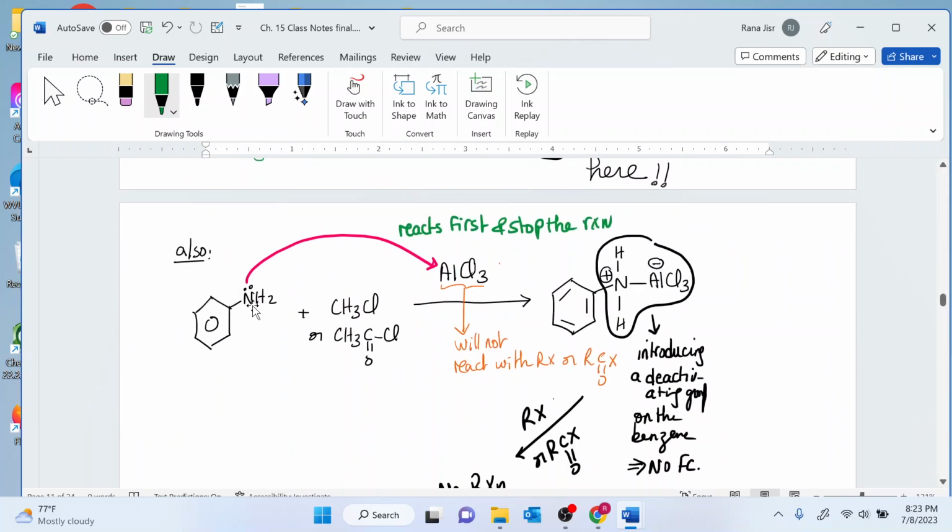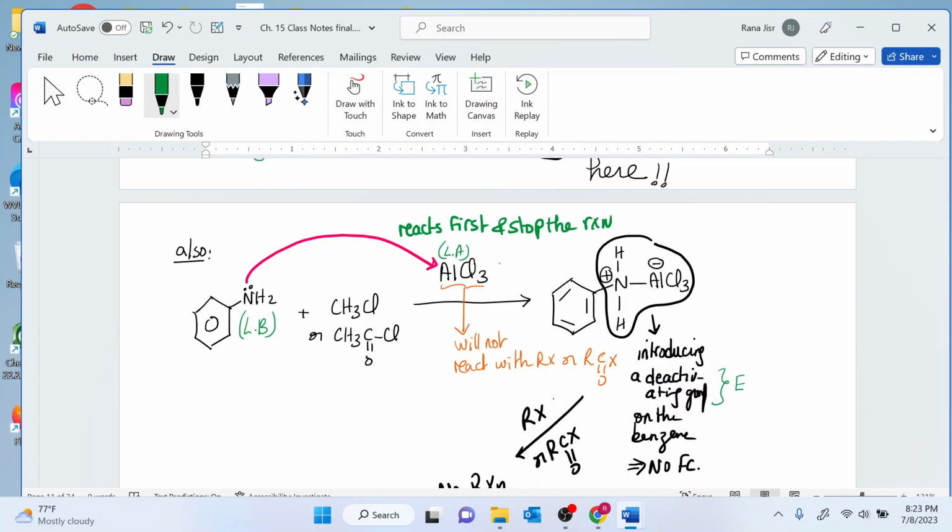So same thing over here. In the first step, the nitrogen is going to make a complex with the aluminum. The nitrogen will behave as a Lewis base, the aluminum will behave as a Lewis acid, and you are going to get a complex. That complex is going to introduce a plus charge on the benzene, so that group now is going to be a deactivating or electron withdrawing group.